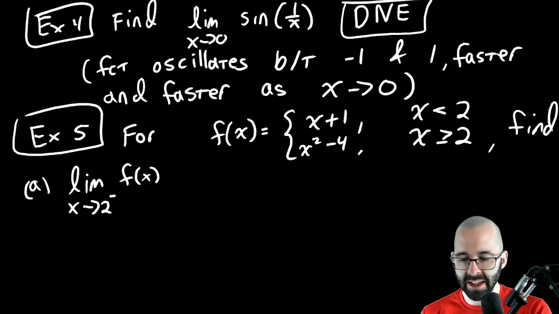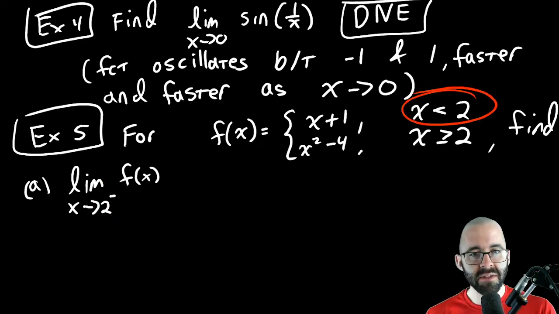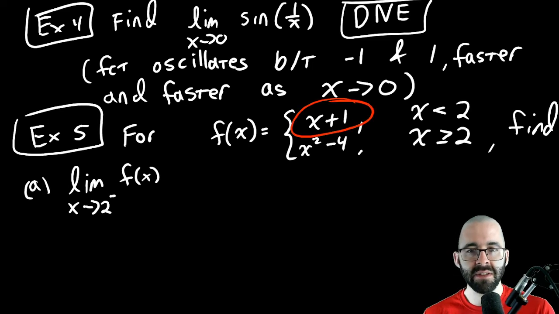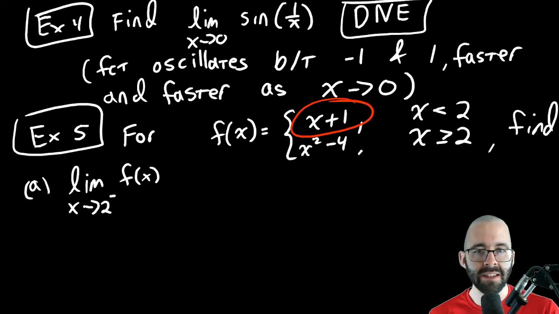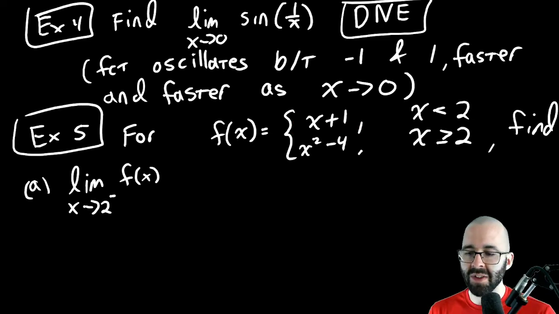If we're to the left of 2, that's this situation, right? Everything to the left of 2 uses that first piece. So as x is approaching 2 from the left, we're going to be using this piece. And as x gets close to 2, this piece is going to get close to 3 because it's just x plus 1. So that's what we think is going to happen.